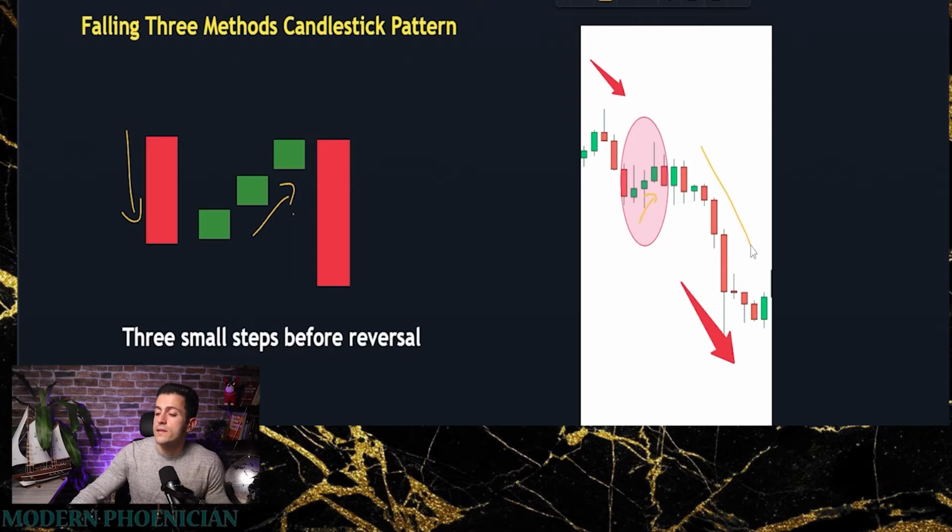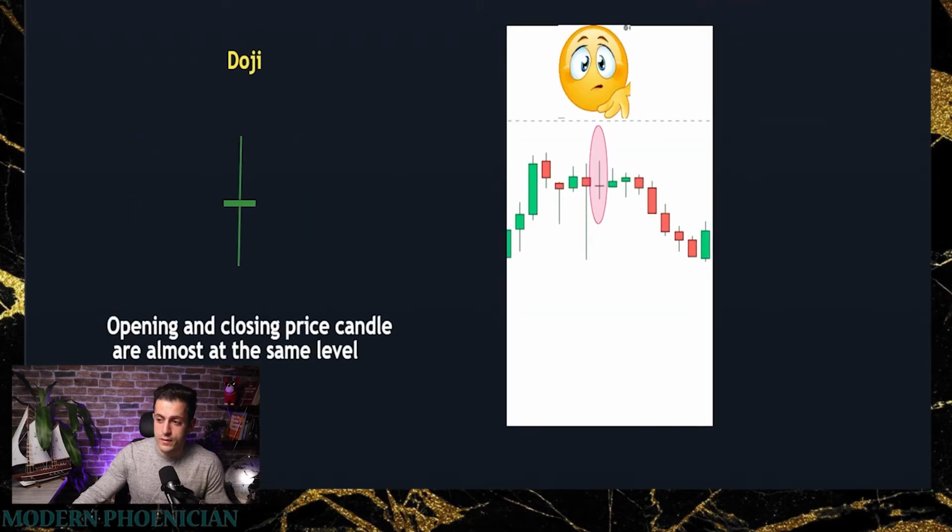That's why, after waiting for this pattern to be clearer for us, we can enter after the fifth candlestick and ride the movement downward with a strict stop loss at the top of the move.